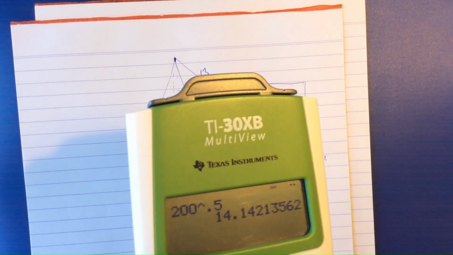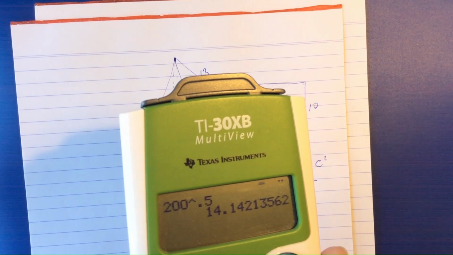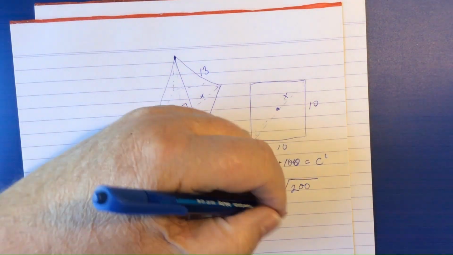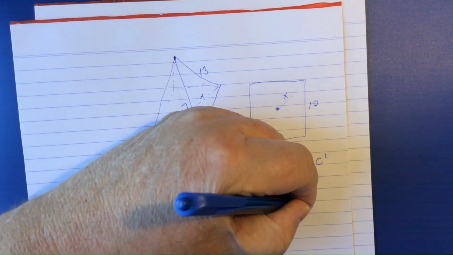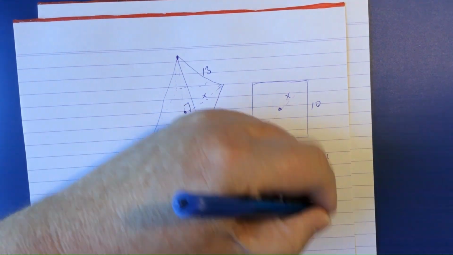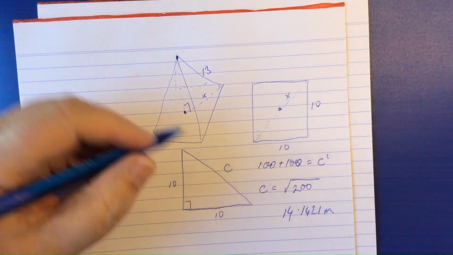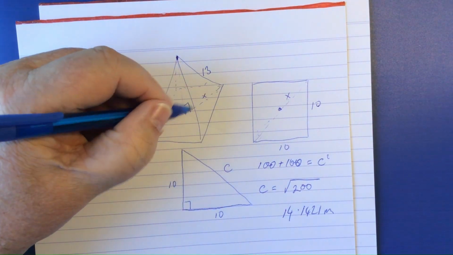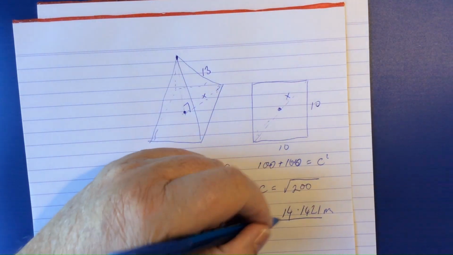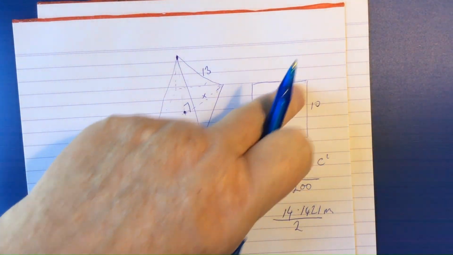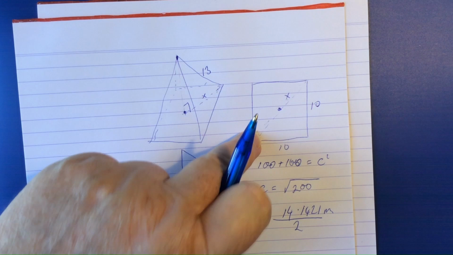There it is. 14.1421, we'll say. 14.1421 meters. Okay, so we know this length here is going to be half of that, because we want from there to there, not all the way across.